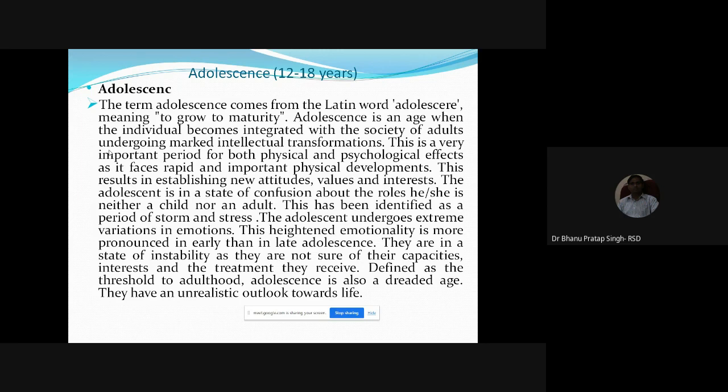The adolescent undergoes extreme variation in emotions, because emotions also increase and are changeable in nature among adolescents.